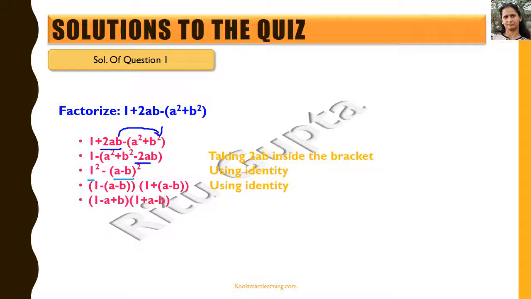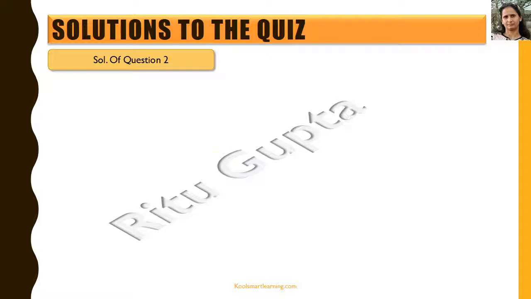So we get the final expression as 1 minus a plus b multiplied by 1 plus a minus b. So that's the final factors. These are the final factors for the given expression, which was 1 plus 2ab minus within brackets a square plus b square. So option C is the correct answer.